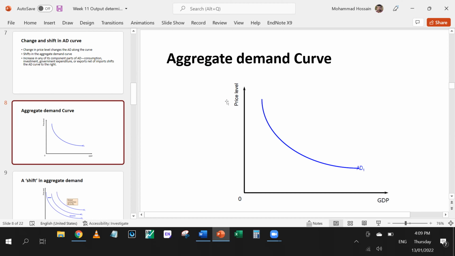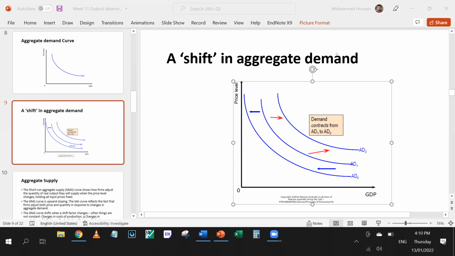And when you talk about a shift in aggregate demand, you'll see here, I will show another one too. Notice something. Let's say we have an aggregate demand at AD1.